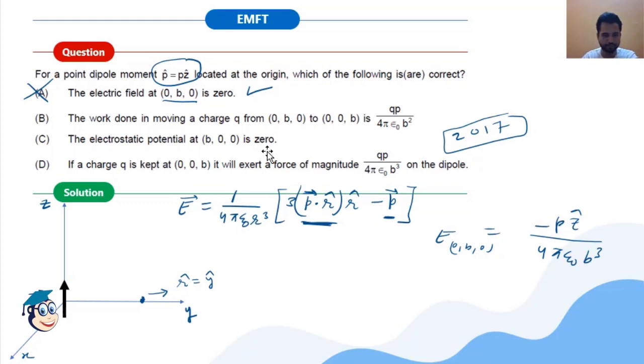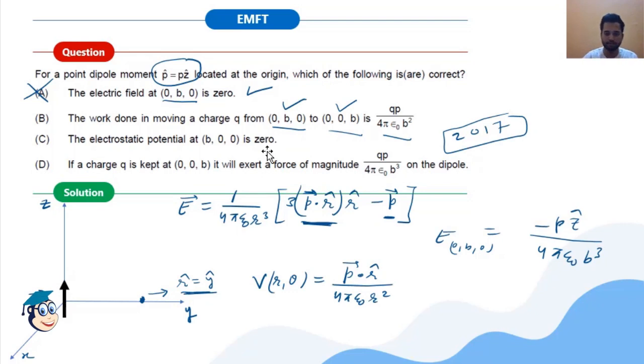Now let us check option B. The work done in moving a charge Q from 0 b 0 to 0 0 b is this much. So let us calculate the potential at these 2 points. For 0 b 0, r cap is y cap, and potential in general notation is given as V of r comma theta is nothing but P dot r cap divided by 4 pi epsilon naught r squared.